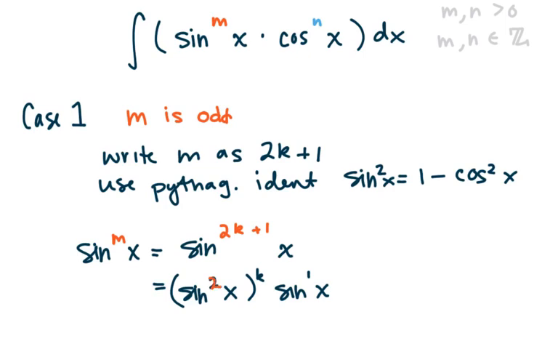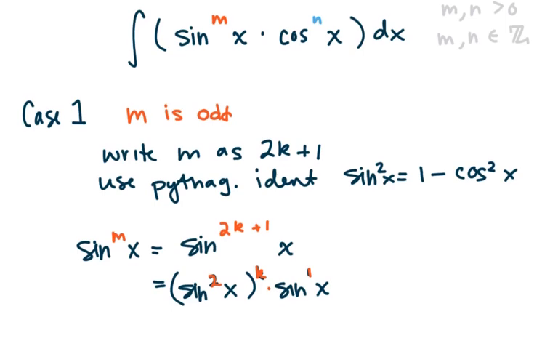So power to a power, you multiply, and when we're multiplying with the same base, we add. And that's the pattern that we'll always use here. So what we know about sine squared x is that it is equal to 1 minus cosine squared x, still to some kth power, times sine of x.